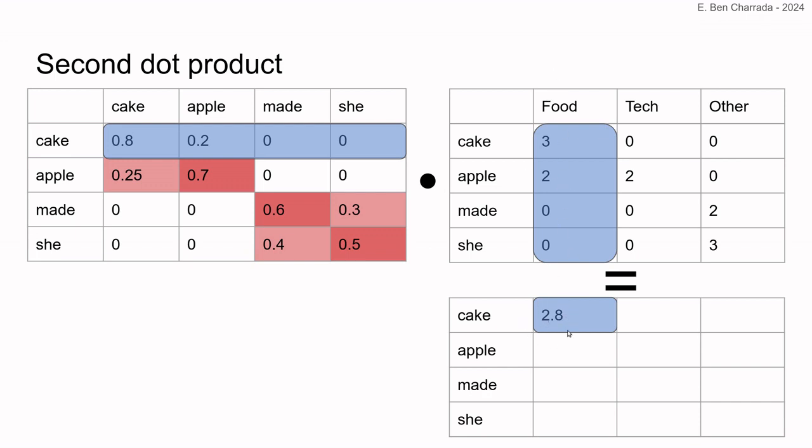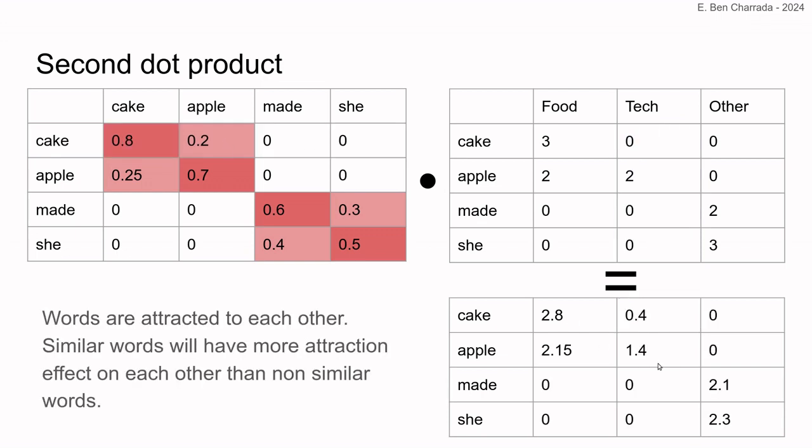What we get at the end is that cake, which had 3 on food, now has only 2.8. It's a little bit less food, but a little bit more tech. How come? Since cake and apple had some similarity, apple attracted cake to itself. And if we continue, we will see that apple was also attracted by cake. So now apple is more food and less tech.